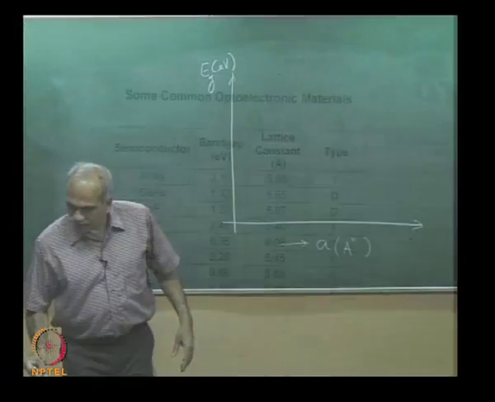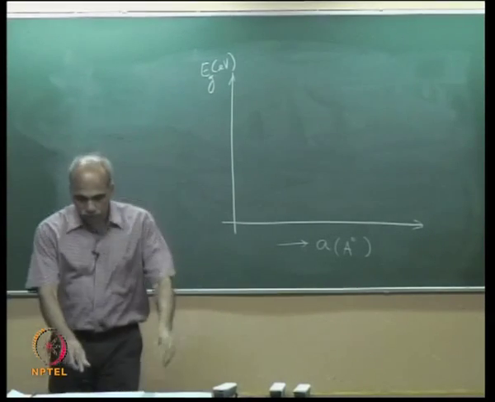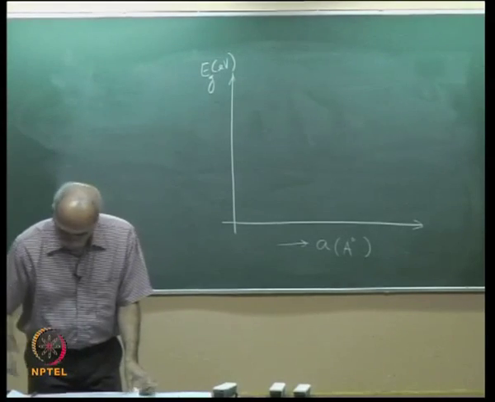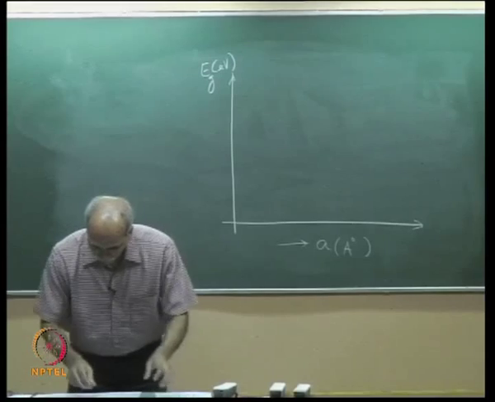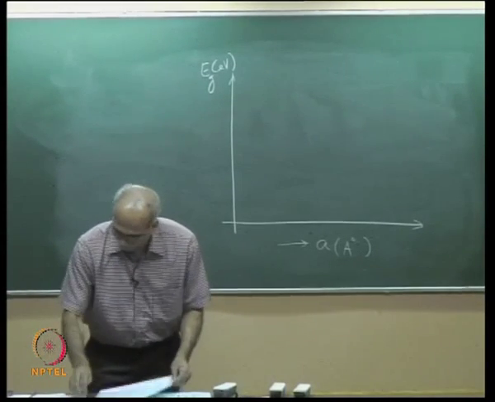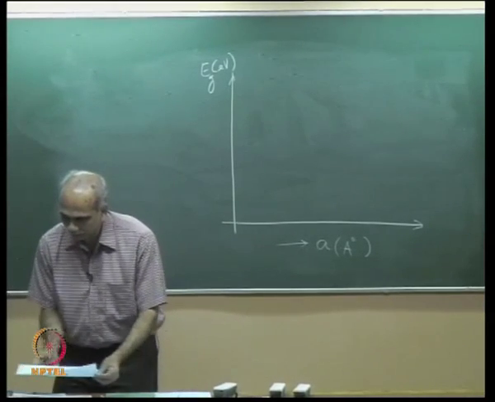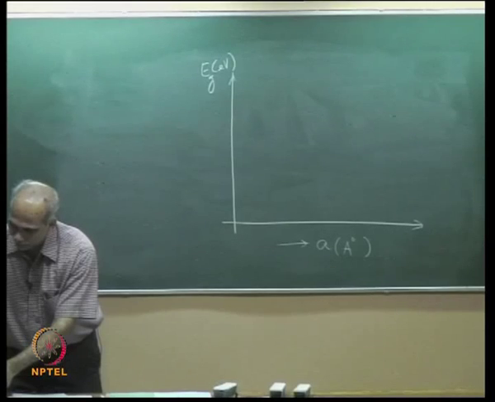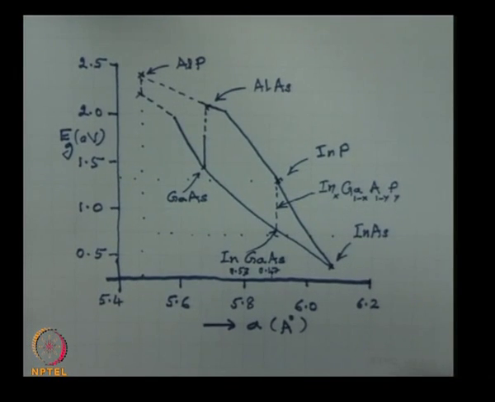There are 6 materials here. So, if you pick gallium arsenide, or let me pick one by one, and a very quick, here is a plot which I have made already. So, let me show you the plot. What I have done is simply plotted this lattice constant versus band gap.